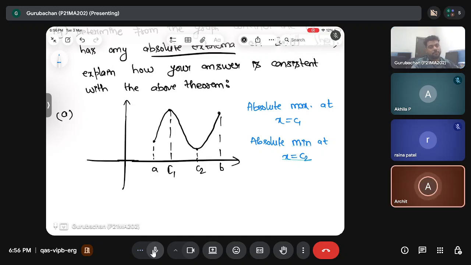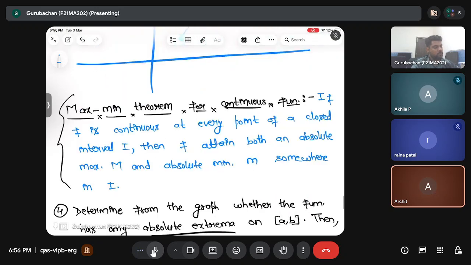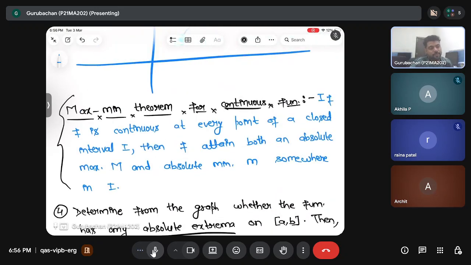Sir, can you tell what exactly is the above theorem? Read it out first. Have you read it? Yes, sir. So here they are saying if the function is continuous on every point of this closed interval I, then absolute maxima and absolute minima will be attained in that interval.